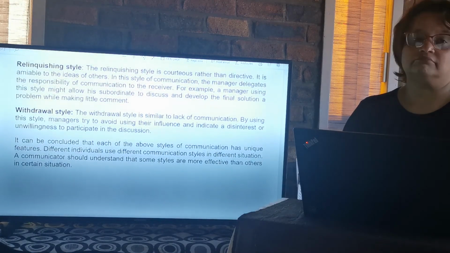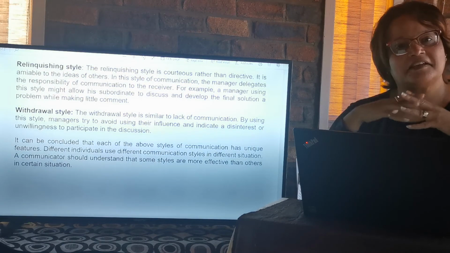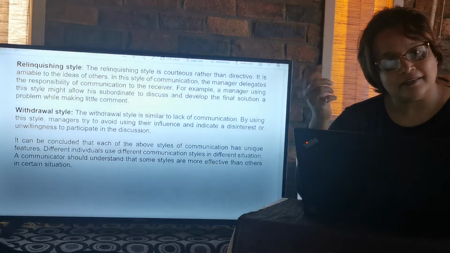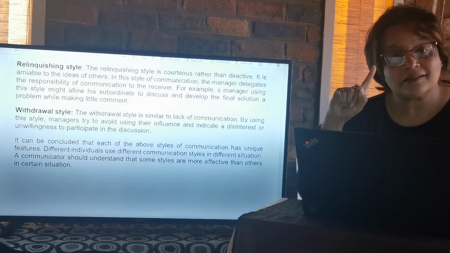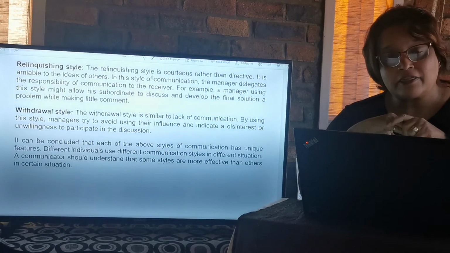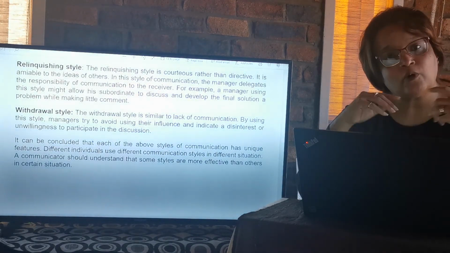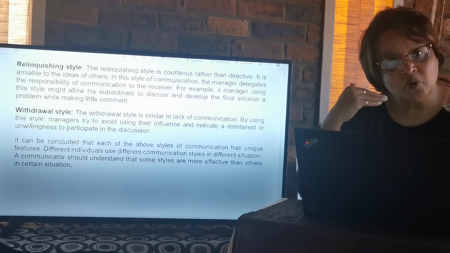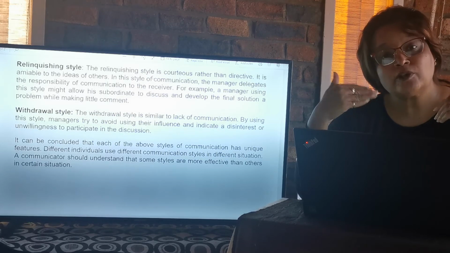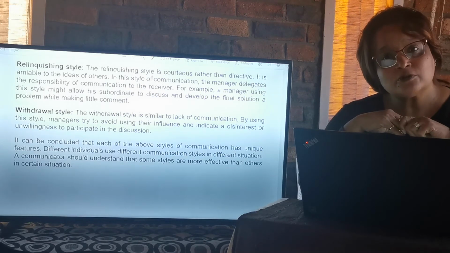Then we're going on to the next one. Relinquishing style. It's not like saying I'm giving up. In this scenario the relinquishing style is courteous rather than directive. It's almost like underpinning the previous one. He also knows that who they are talking to are also knowledgeable people.